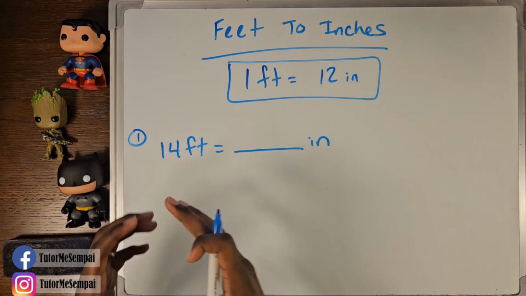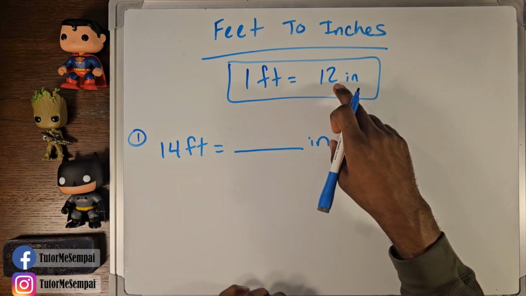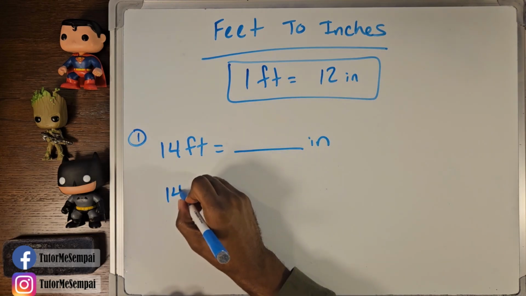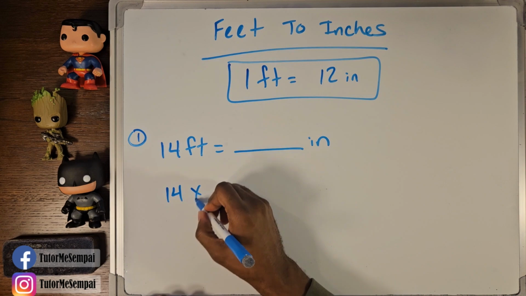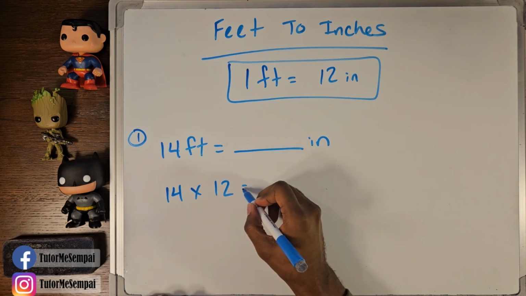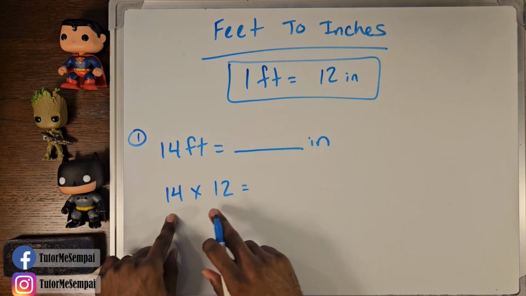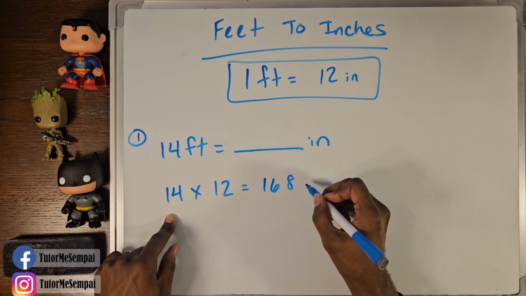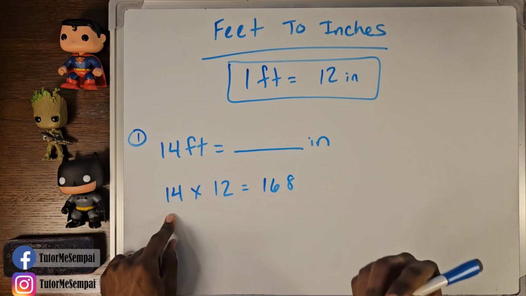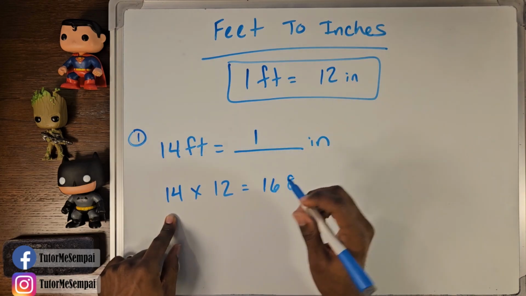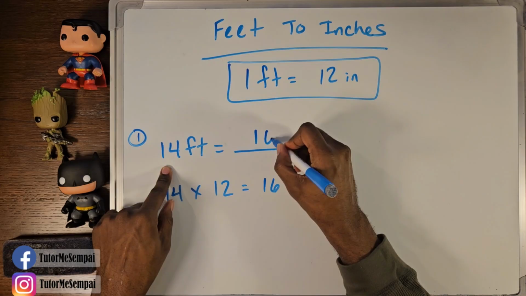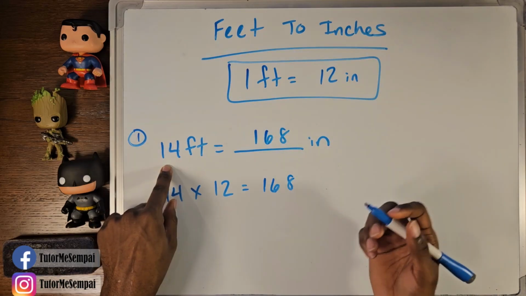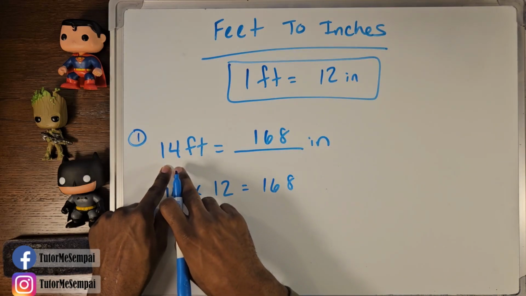That means we're going to have 14 groups of 12. That's just telling us to multiply 14 times 12. If we were to multiply 14 by 12, we would get 168. And that's how many inches we have when we have 14 feet. So 168 inches is what you get when you have 14 feet.